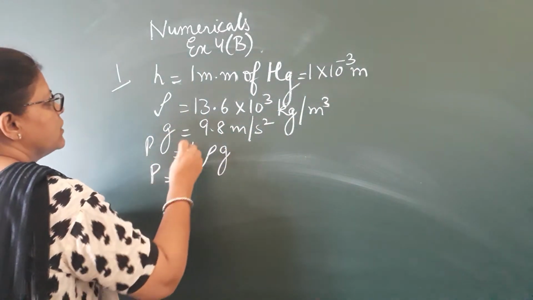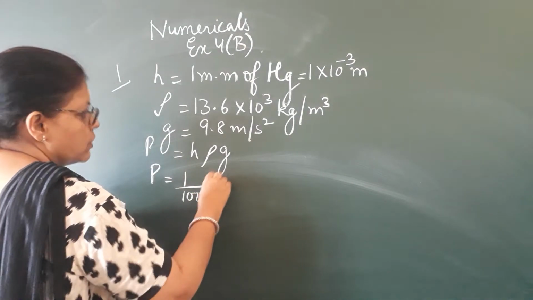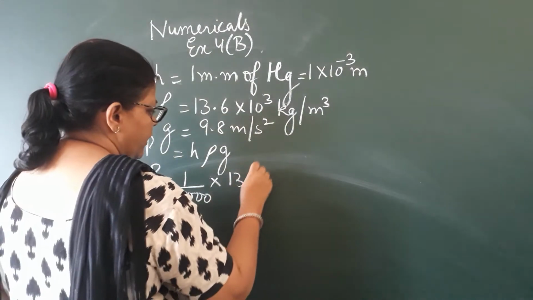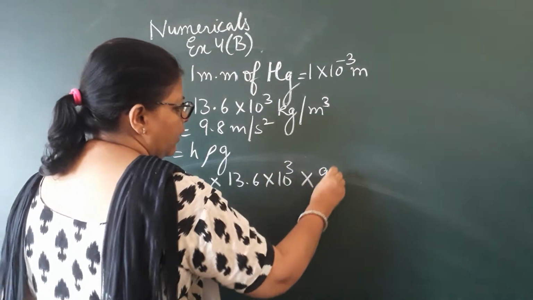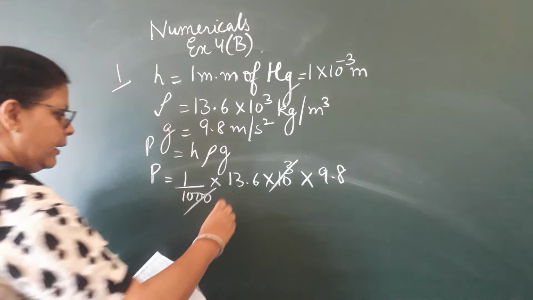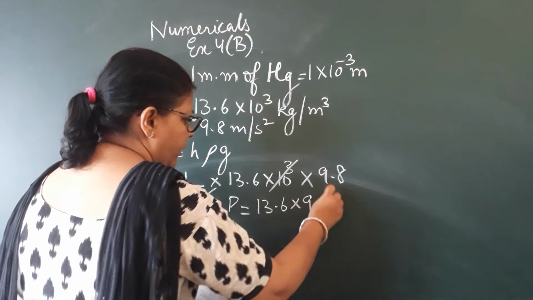Pressure is equal to, what is the value of h? 1 upon 1000. You can take that because 10 to the power minus 3 is 1 upon 1000, into 13.6 into 10 to the power 3 into 9.8. Now you cancel this and you get P is equal to 13.6 into 9.8.